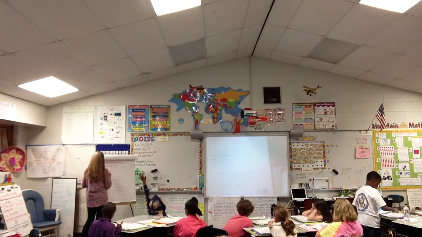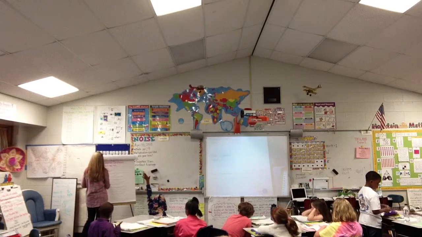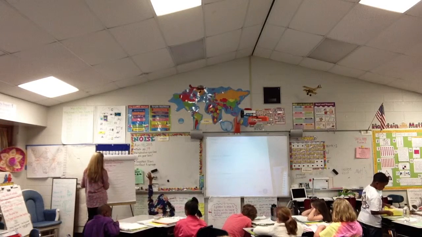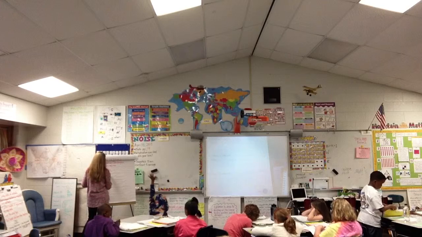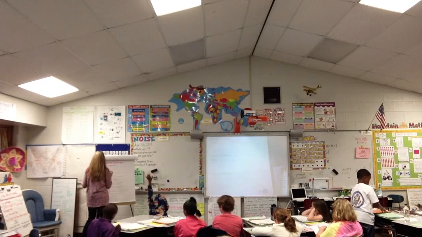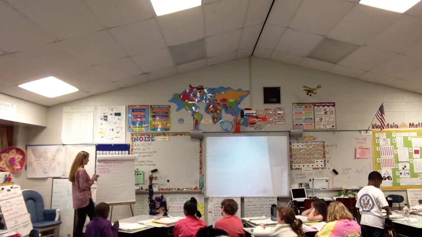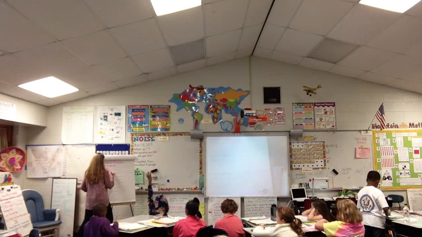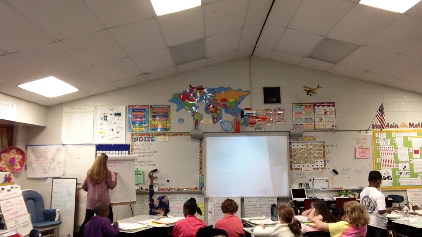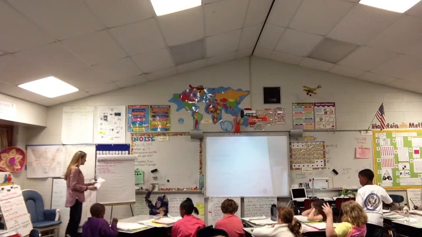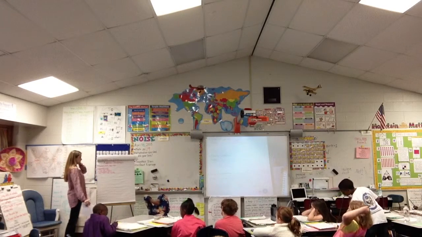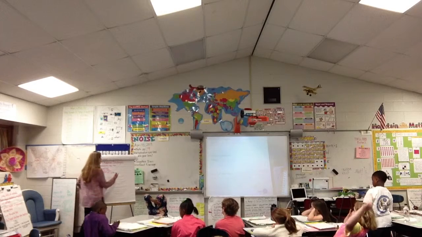Okay. 100 plus 180 plus 400. What'd you get? I got 1,096. Okay. So which strategy did you use? Place value. The place value, okay?